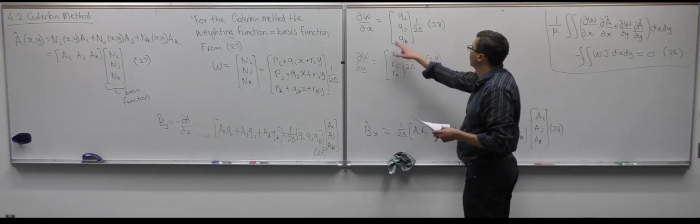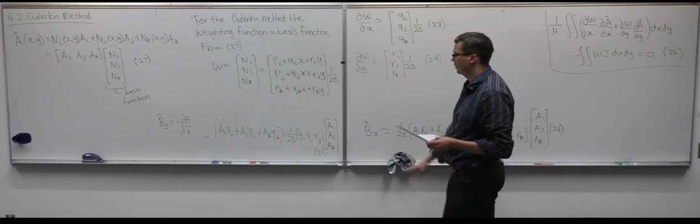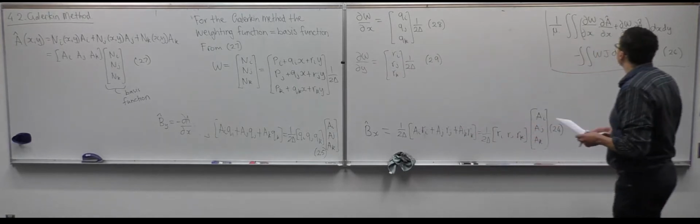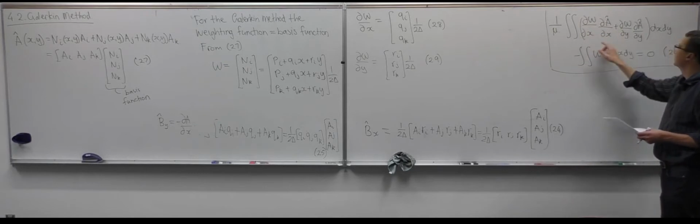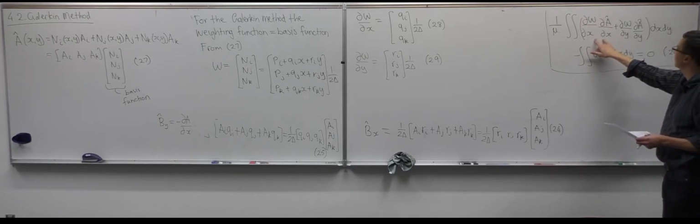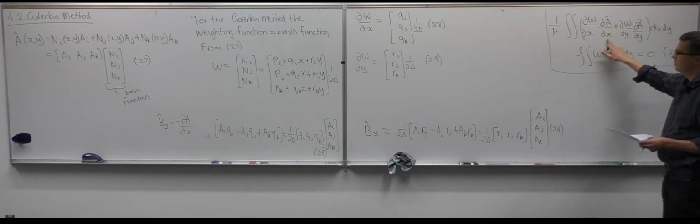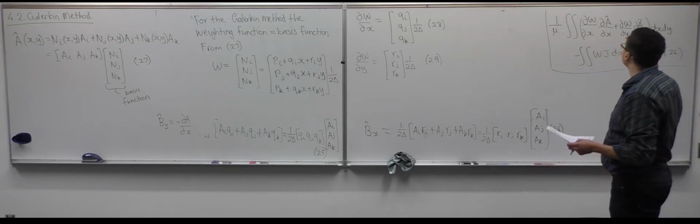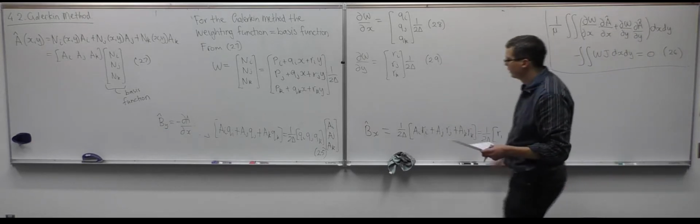Okay, so now we've got these derivative terms, and we've also got the derivative terms of the vector potential, so we can put it all together. So let's evaluate the first term here in the weighting equation. So we've got the derivative of the weighting function with respect to x, the derivative of the magnetic vector potential with respect to x. So that's equations 28 here and 25.